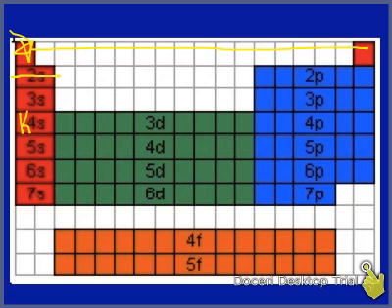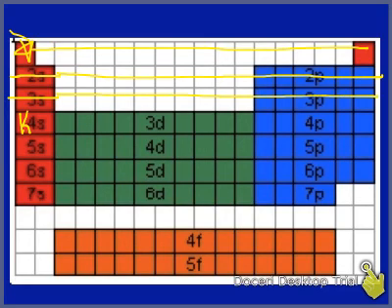Are we to my potassium yet? Nope. So we keep reading. Next we put electrons in 2p. Am I to potassium yet? Nope. So next we put electrons where? 3s. Am I to potassium yet? So where do I put electrons next? 3p. Am I to potassium yet? Almost. So next potassium is going to put electrons where? 4s. Yay, I'm here. I get to stop.